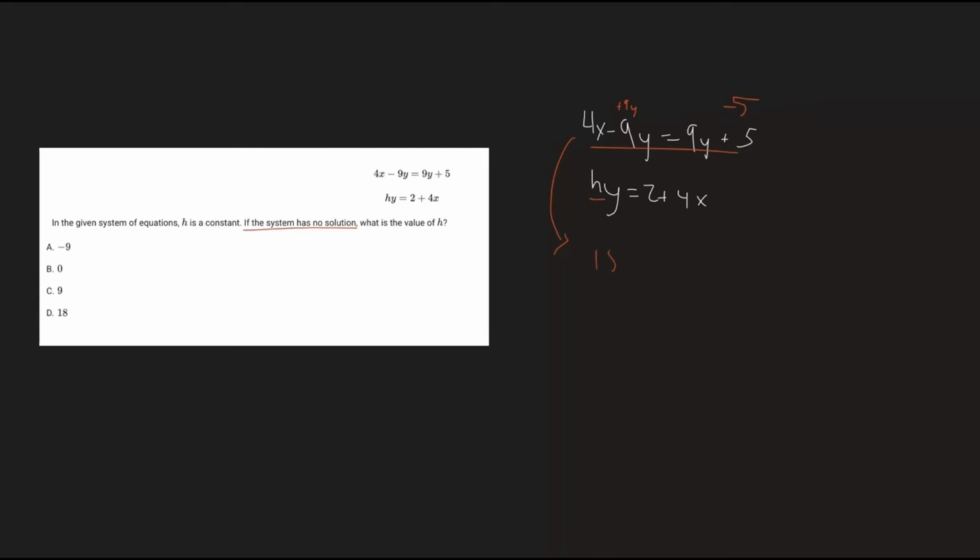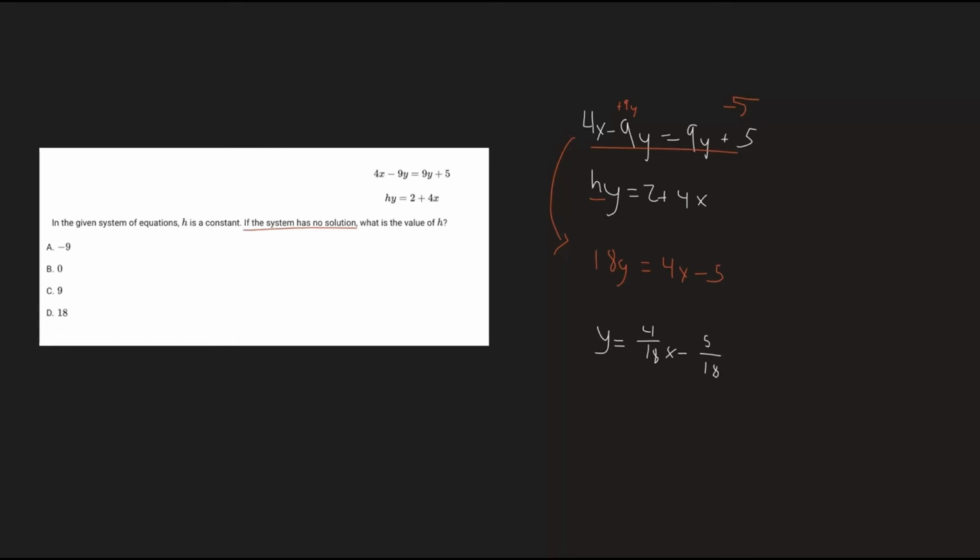So we have 18y equals 4x minus 5. And now for slope-intercept form, this will just simplify. We divide both sides by 18. So y will be equivalent to 4 over 18 x minus 5 over 18. All right, so this is our equation, right?